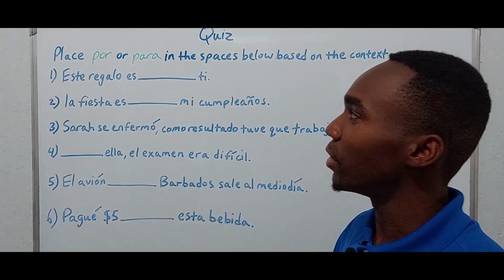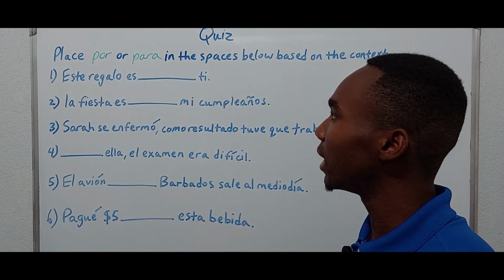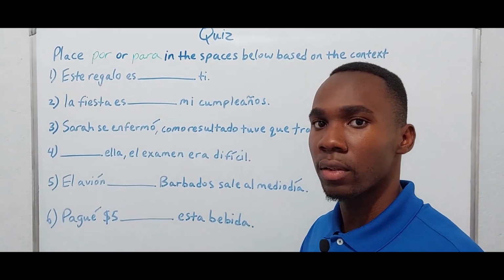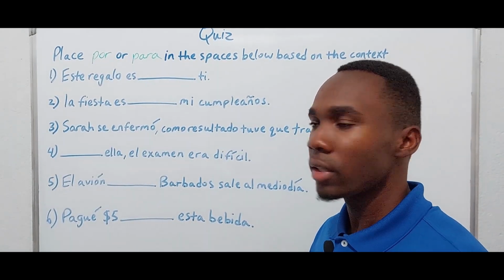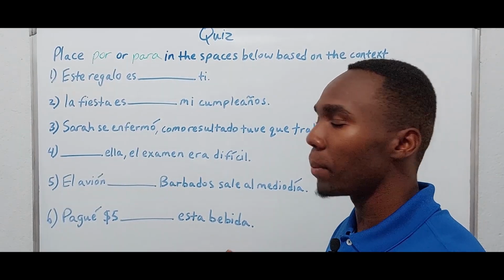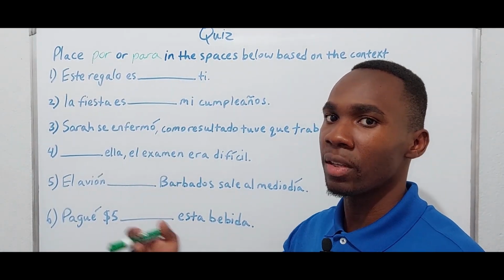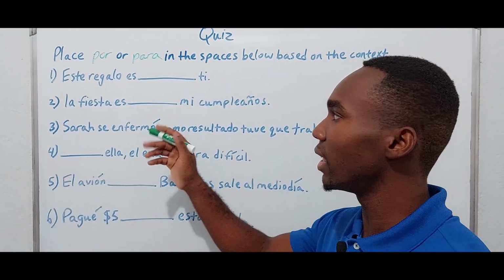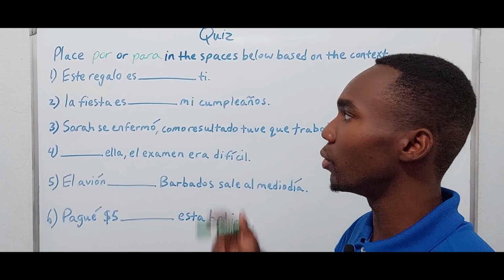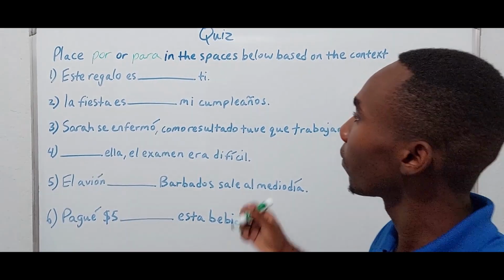Okay, so 1. Este regalo es ___ ti. What is a regalo? A regalo is a gift. Therefore, this would have to be para because remember, para is used for a recipient. So this is saying this gift is for you. So the theme emerging here would be recipient.